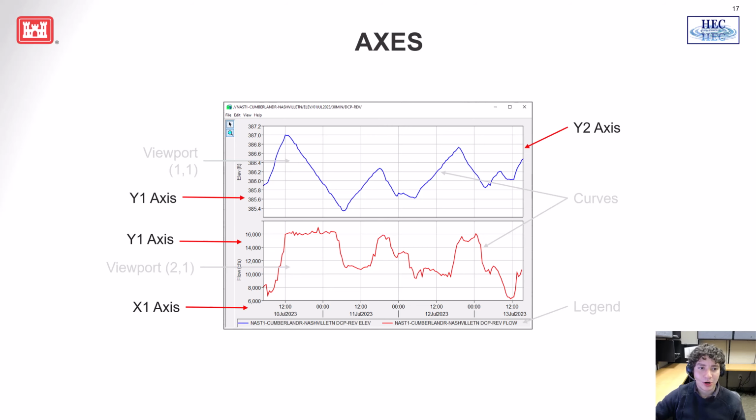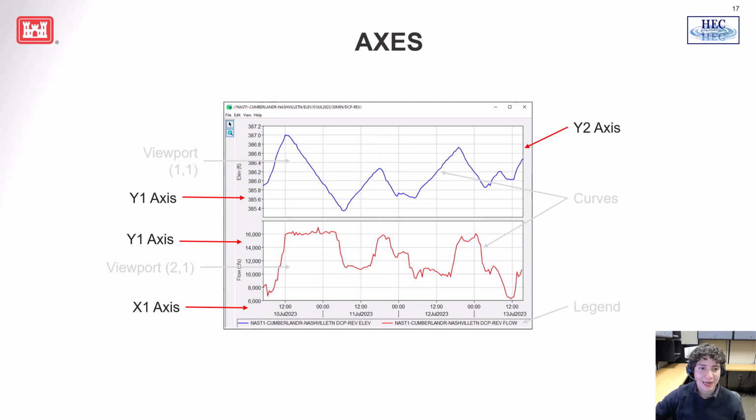Another component are the y-axes. Each viewport can have 2 y-axes, a left y-axis, which we label y1, and a right y-axis, which we label y2. Each of the different y-axes can represent different units and have a different key for them. This is useful because we can stack multiple curves into one viewport, and each of the different curves can then have y values that represent different units.